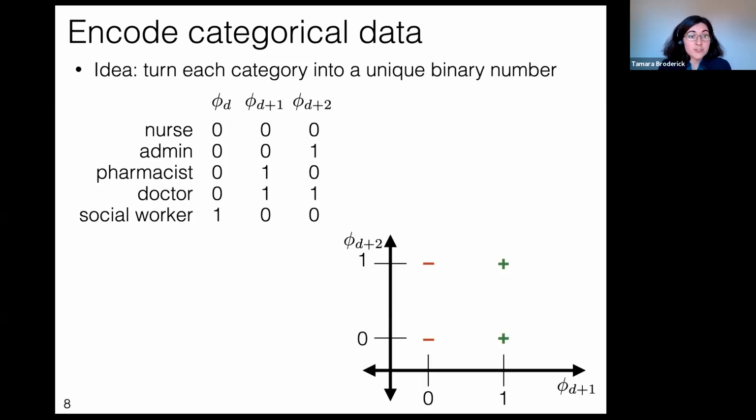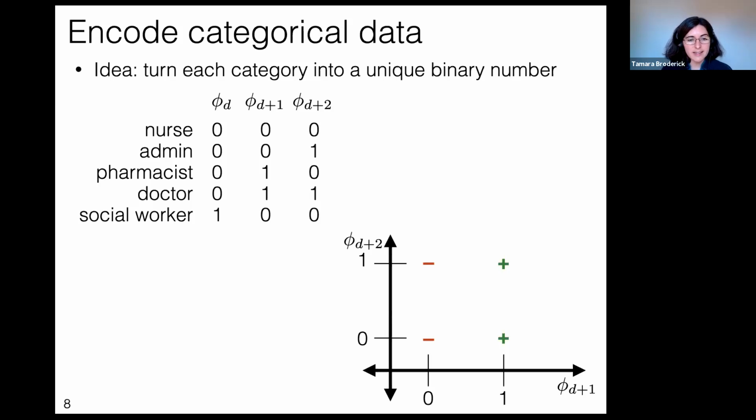Well, let's try plotting. I think it's one of the best things you can possibly do with your data. So let's do that here. What are we looking at here? We're looking in particular at the 2 end features. We're not looking at all the features, because we can only plot 2. So let's plot the end features, phi d plus 1 and phi d plus 2.